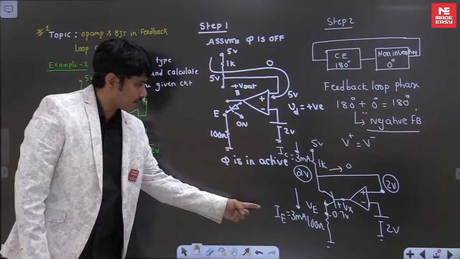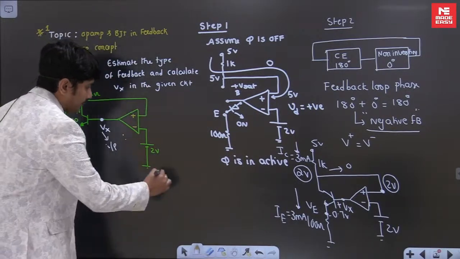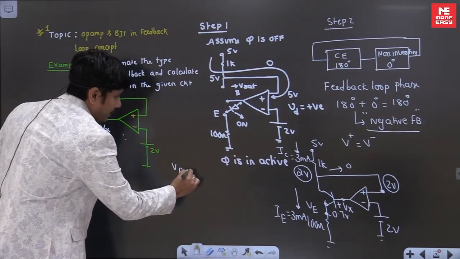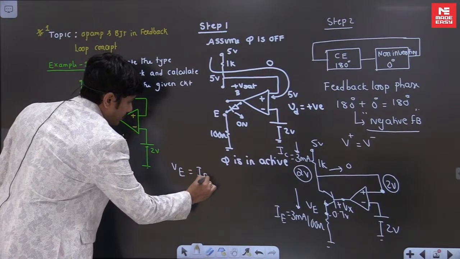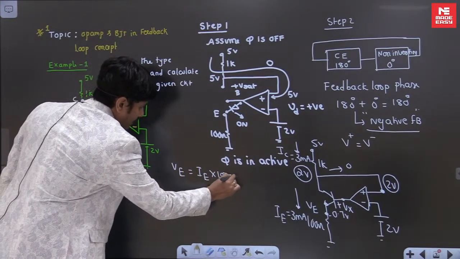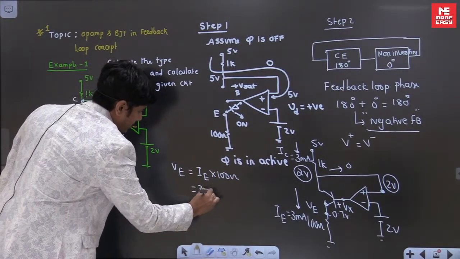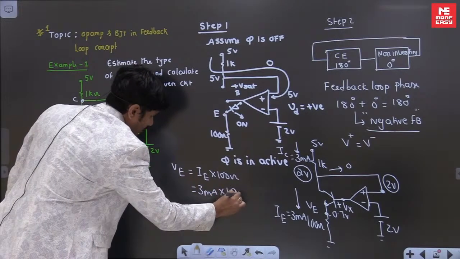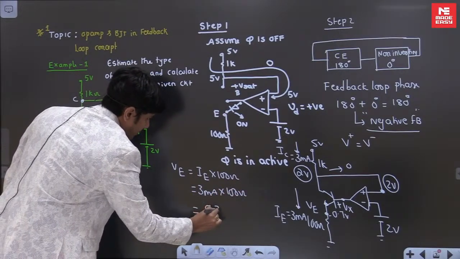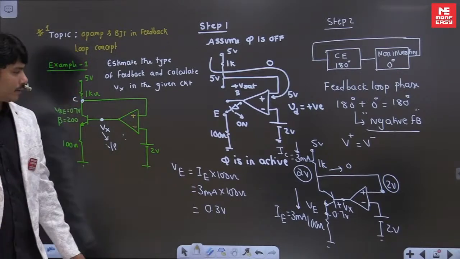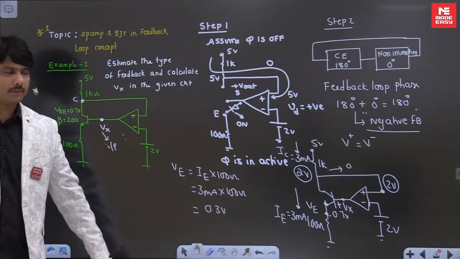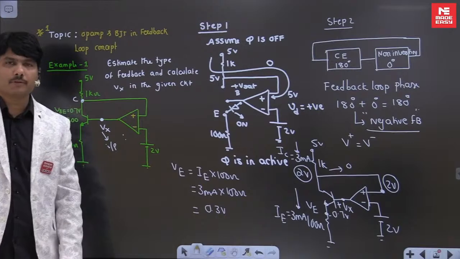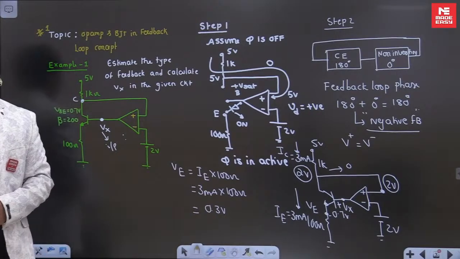If these two currents are the same, we can find the emitter voltage. The emitter voltage is IE times 100 ohms, which is 3 milliamperes times 100 ohms, coming to 0.3 volts. Then finding Vx is not impossible. By using KVL we can solve it.